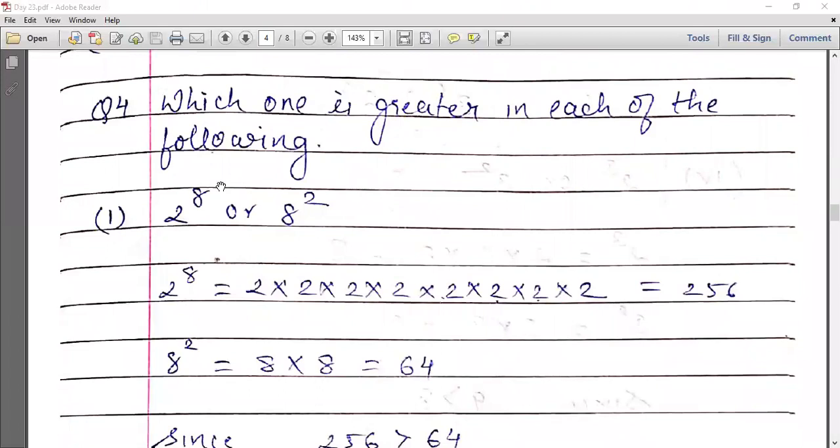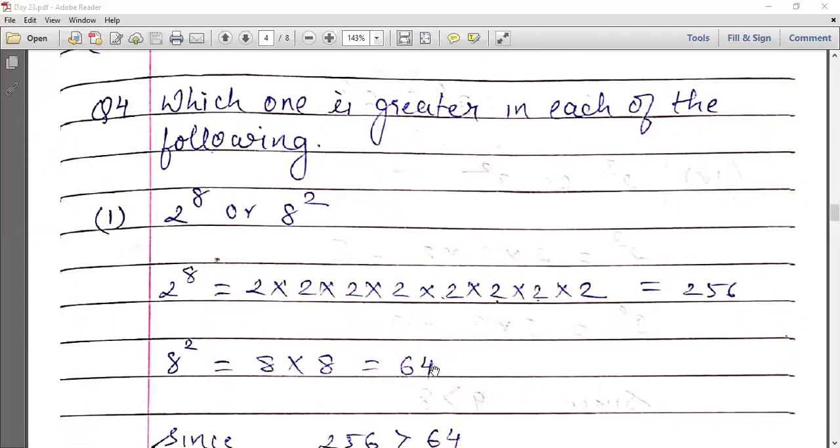Question number 4. Which one is greater in each of the following? We need to compare these two numbers. 2 raised to 8 or 8 raised to 2. So we will find the value of 2 raised to 8 and 8 raised to 2 separately. 2 raised to 8 will give you a value of 256, whereas 8 raised to 2 will give you a value of 64.